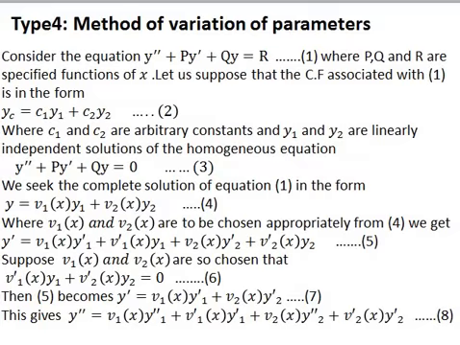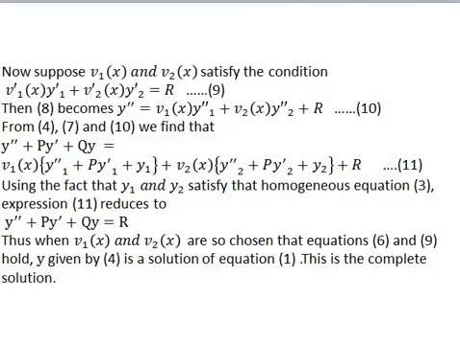From equations 4, 7 and 10, substituting and simplifying and taking common v1 of x and v2 of x, we find that y double dash plus py dash plus qy is equal to v1 of x into y1 double dash plus p into y1 dash plus q y1, plus v2 of x into y2 double dash plus p into y2 dash plus q y2, plus r.